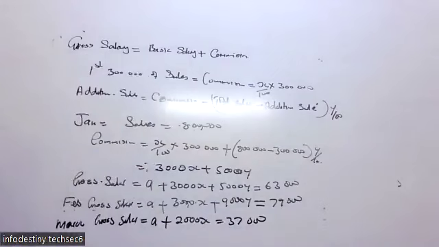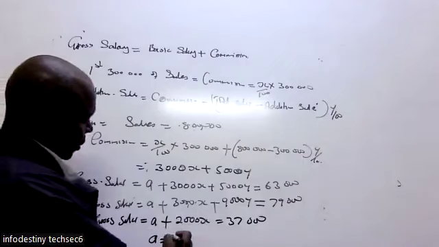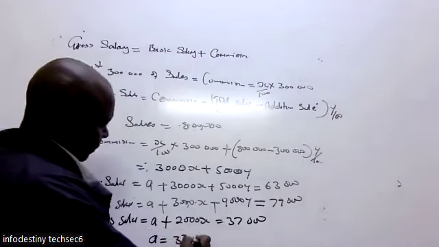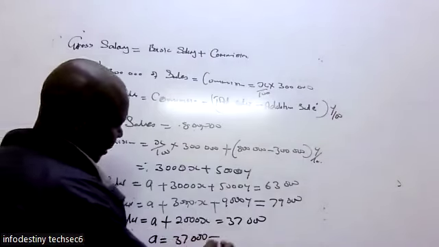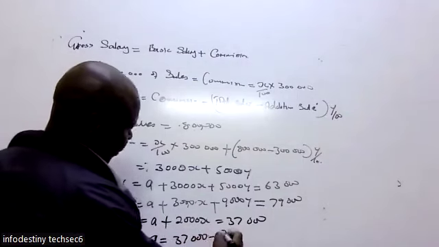You're together? So after that, we can make what the subject? Let's make A the subject. So A will be equal to 37 minus 2,000x.